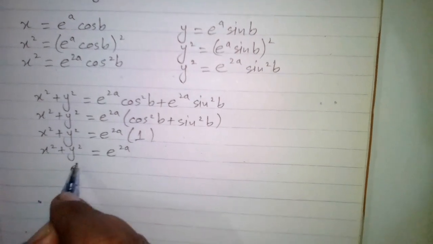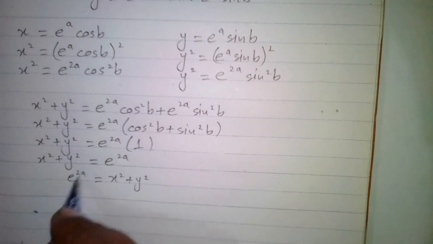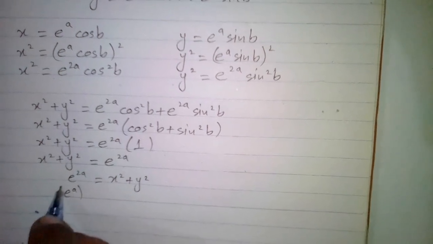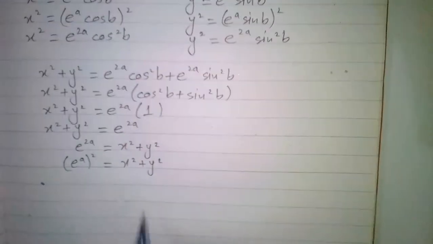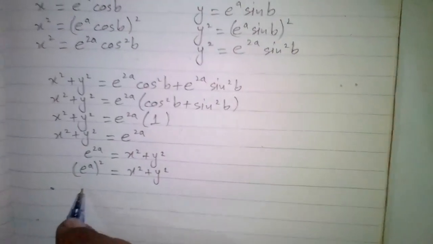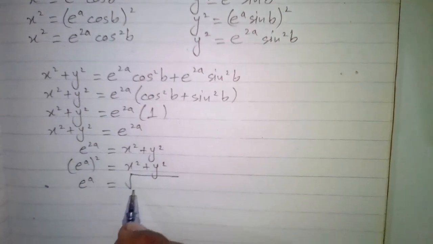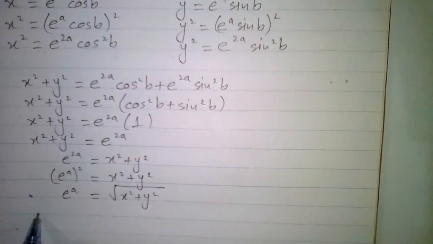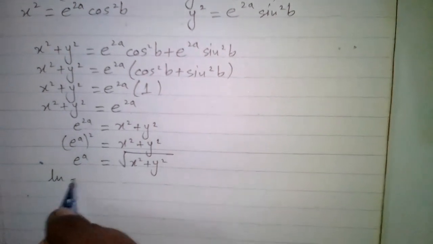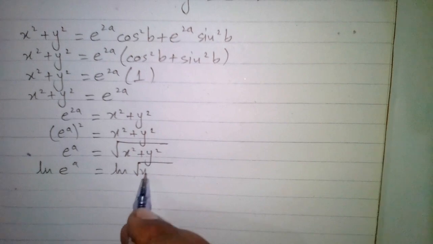Now we can write e to the power 2a as e to the power a, whole square, is equal to x square plus y square. Taking the square root of both sides, we have e to the power a is equal to square root of x square plus y square. Now we can take log of both sides, so we have ln of e to the power a is equal to ln of square root of x square plus y square.